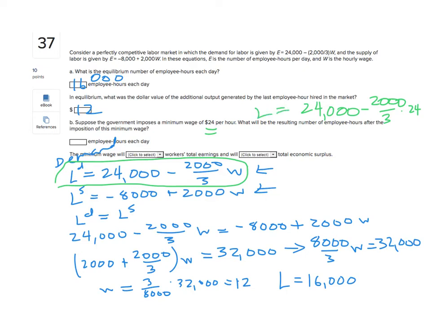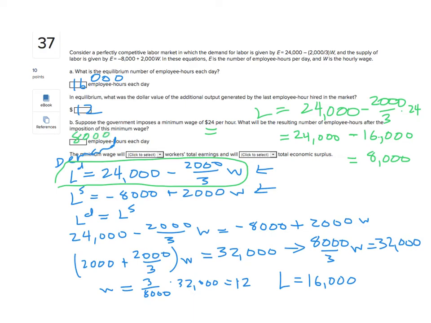Let's see, 24 over 3 is 8. 8 times 2,000 is 16,000. And then 24,000 minus 16,000 is 8,000. So that's 8,000 employee hours a day. And so that gets us there.